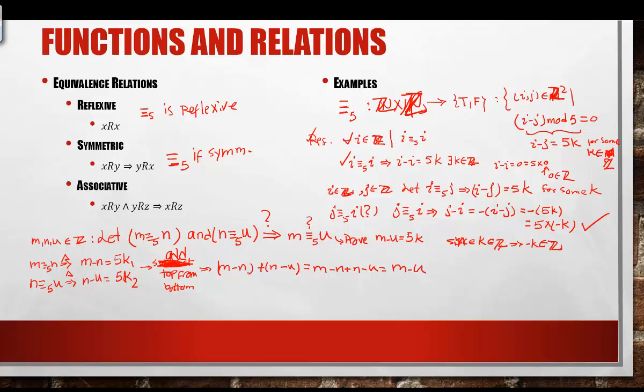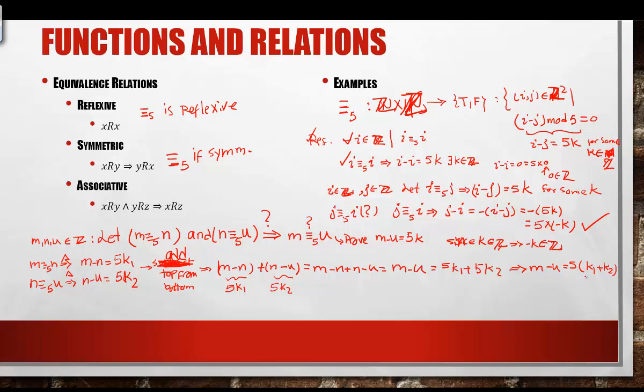Now from the top one, we know that this guy is 5k sub 1, and we know that this guy is 5k sub 2. So adding the 2 will result in 5k sub 1 plus 5k sub 2. So then from here, you just realize that m minus u is equal to 5 times k sub 1 plus k sub 2.